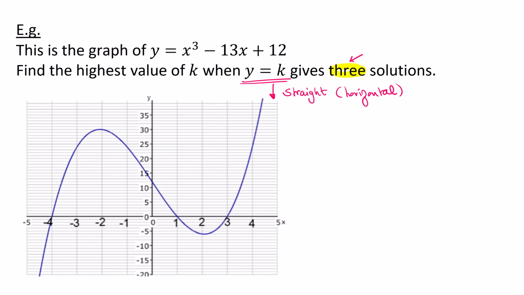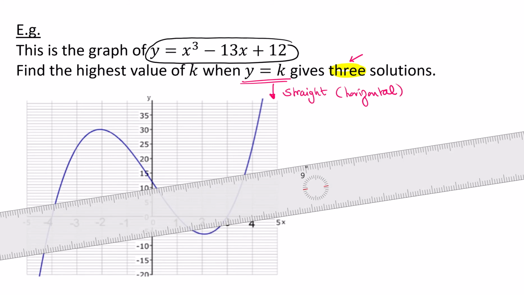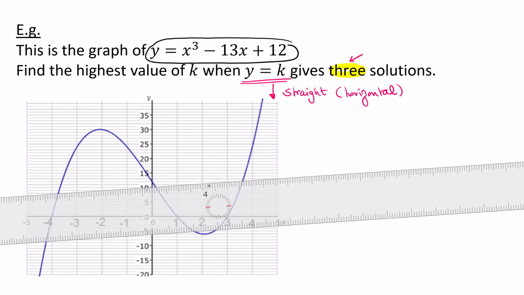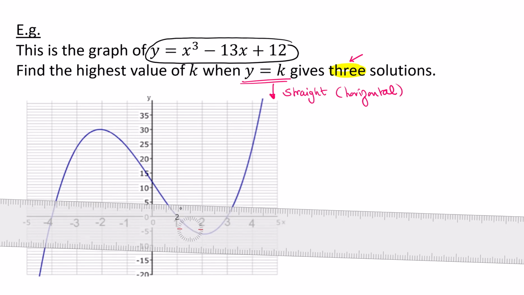So the solution when this graph has 3 answers is where this graph cuts the line 3 times, or the line cuts the graph in 3 places. So let's have a look.